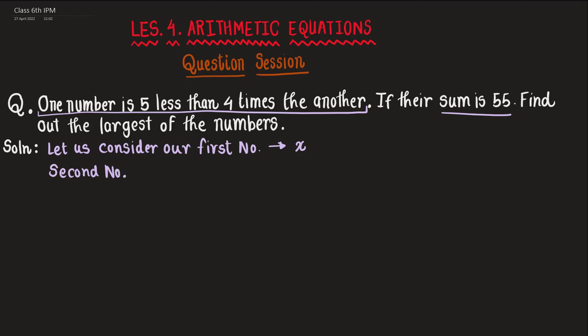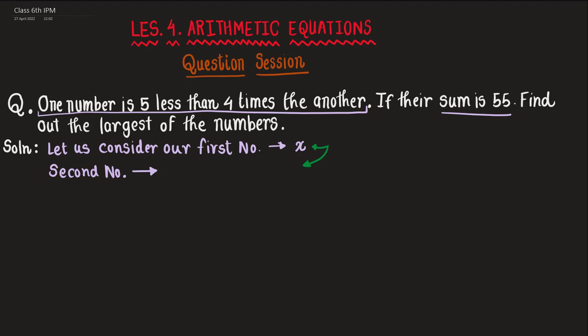Our second number is 5 less than 4 times the other. The other number is just x. From this we have to find the second number.